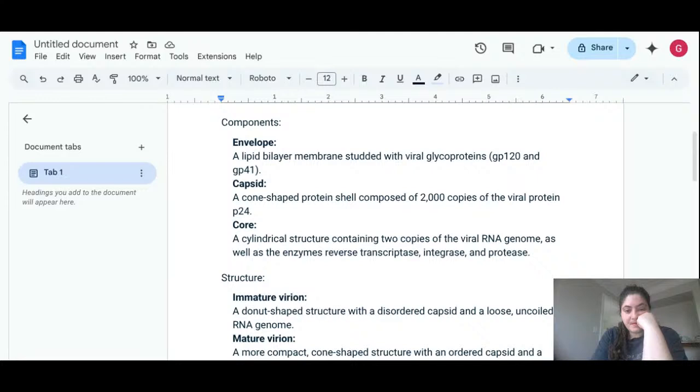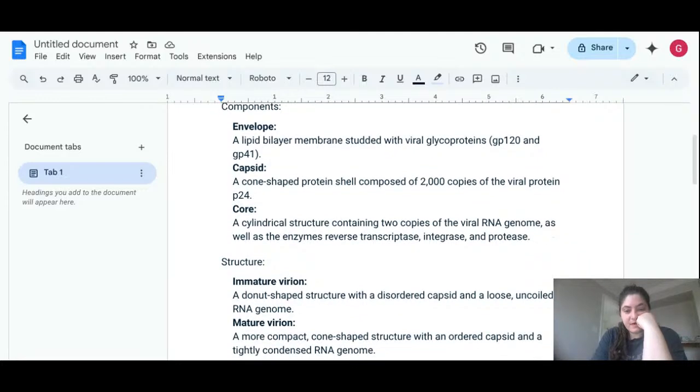A lipid bilayer membrane with the viral glycoproteins gp120 and gp41. A cone-shaped protein composed of 2,000 copies of the viral protein P24. The cylindrical structure contains two copies of the RNA genome as well as the enzymes reverse transcriptase and integrase proteins.